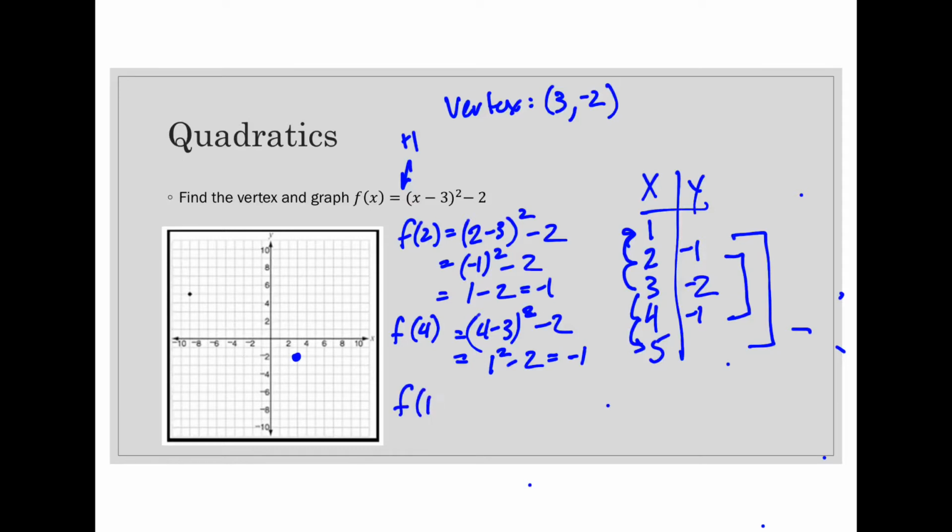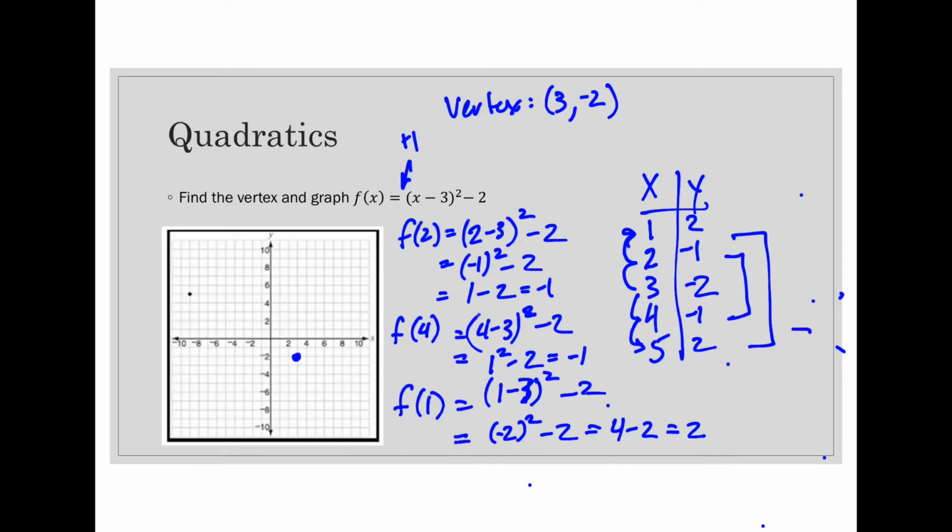So when I go to plug in 1 then, that would be 1 minus 3 squared minus 2. And that's -2 squared minus 2. So that's 4 minus 2, which is 2. And if this is 2, then we know that 5 also should give me 2.